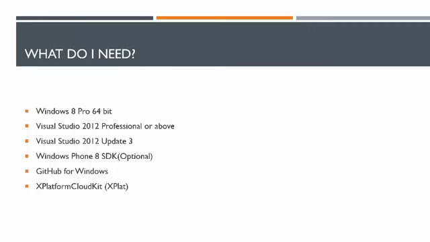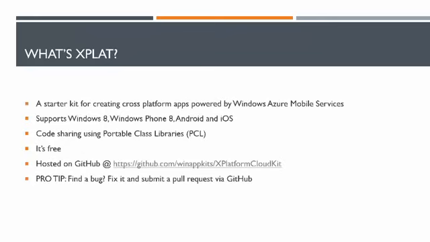And the tool we're using is called the Xplatform Cloud Kit, or Xplat for short. So what is Xplat? Xplat is a starter kit for creating cross-platform apps that are powered by Windows Azure Mobile Services. Xplat supports Windows 8, Windows Phone 8, Android, and iOS.